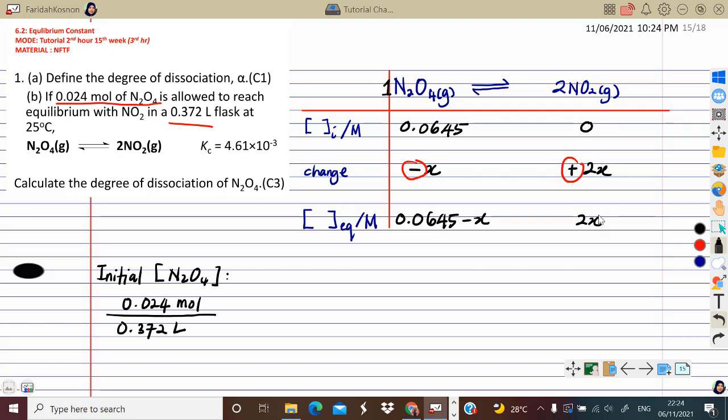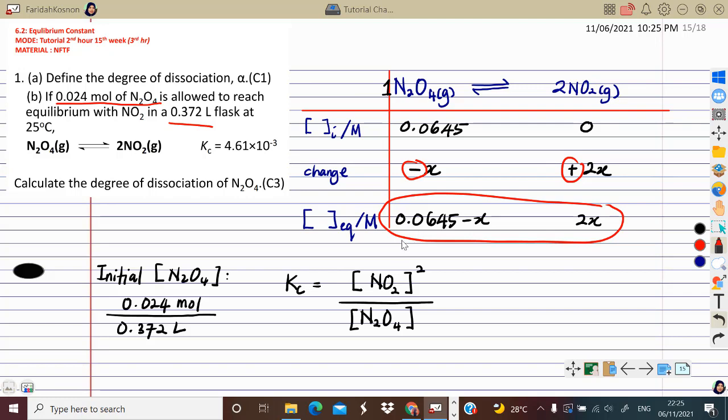Okay, so now in order to solve for x, you need the Kc expression. So you wajib tulis Kc expression. So Kc is equals to the concentration of NO2 power of 2 divided by the concentration of the reactant, N2O4. Okay, so gantikan sebutan daripada table ni yang at equilibrium ke dalam Kc expression.